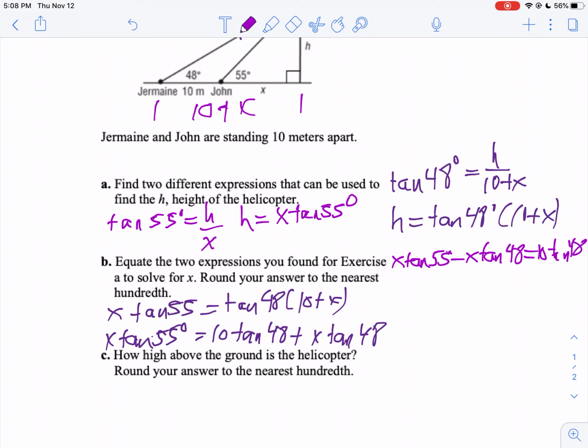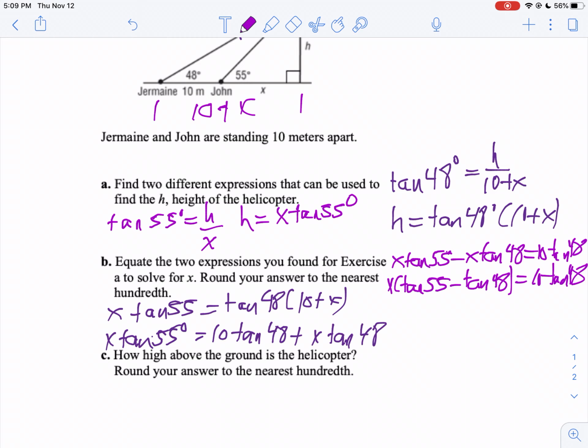Well, let's factor out our x. So we have x times the tangent of 55 minus the tangent of 48 equals 10 times the tangent of 48.